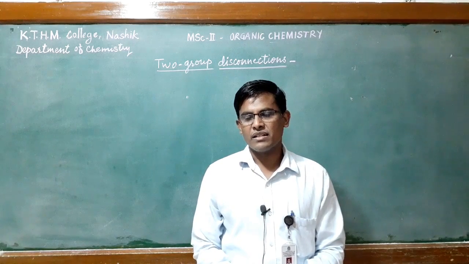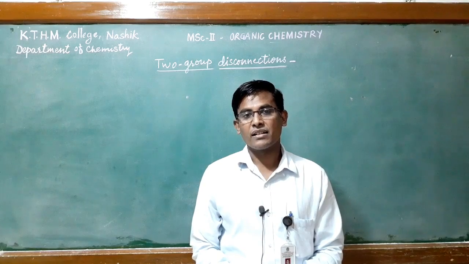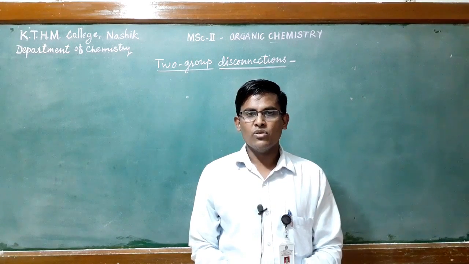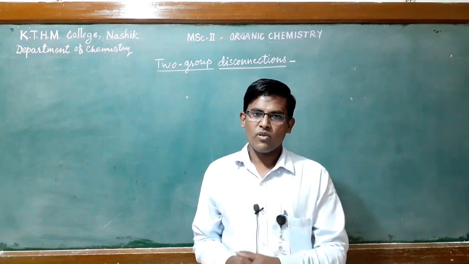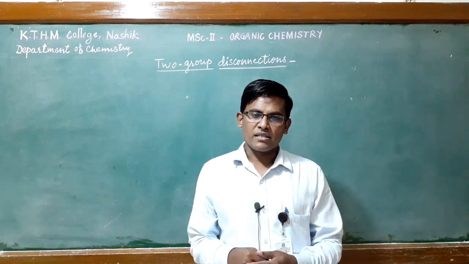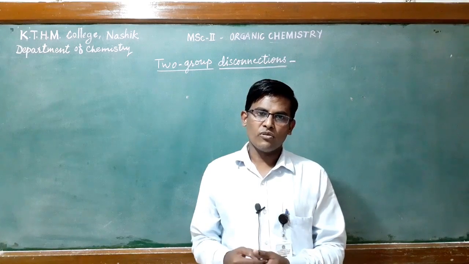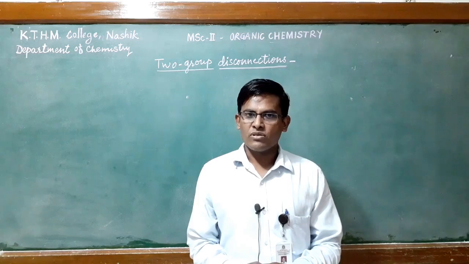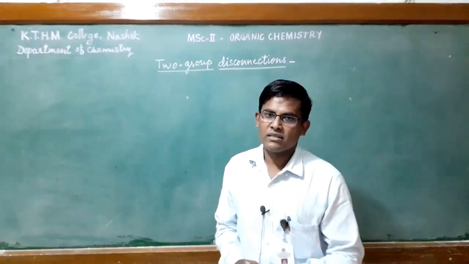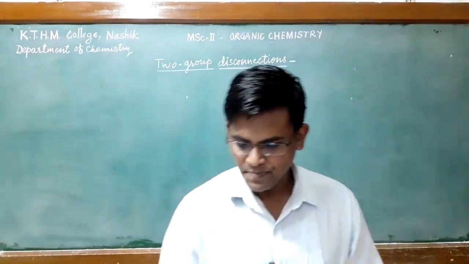If a target molecule contains two functional groups, and you disconnect one bond, in that disconnection the other functional group will also be involved. It would be better understood by taking an example, so let's have an example.